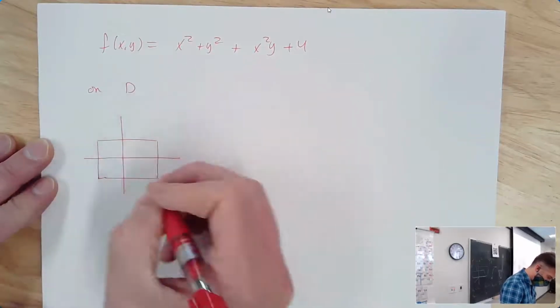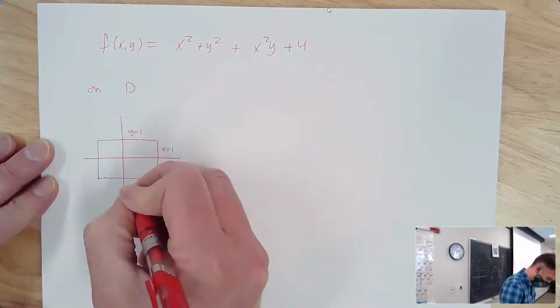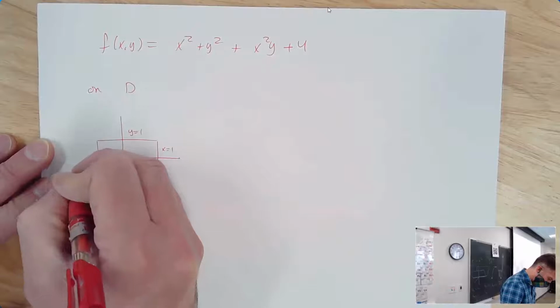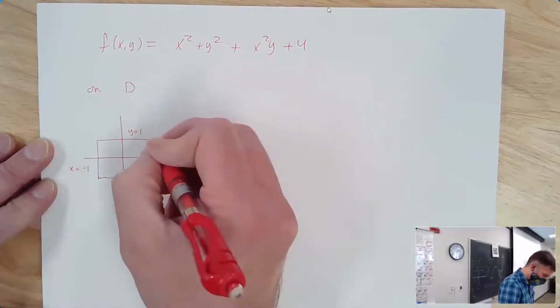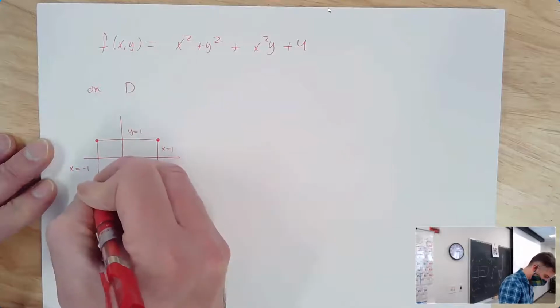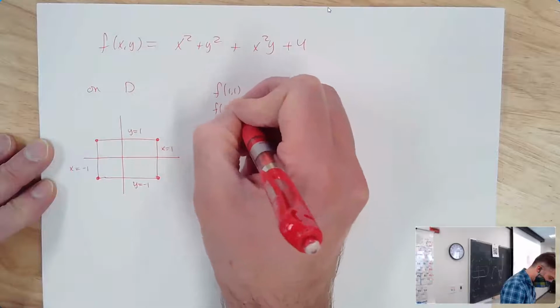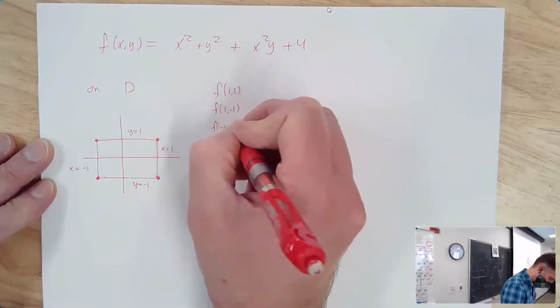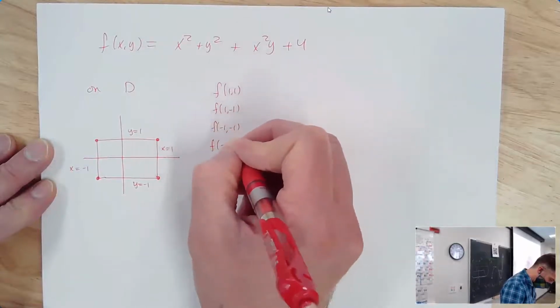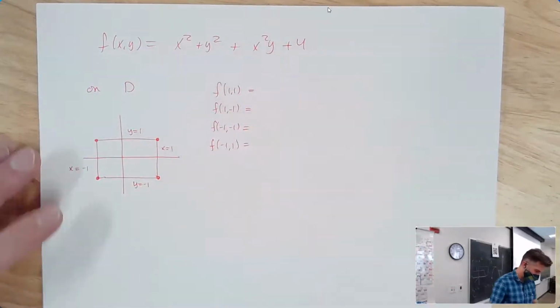The edges are y equals 1, x equals 1, y equals -1, x equals -1. We already have 4 points we know we're going to have to check: f of (1, 1), f of (1, -1), f of (-1, -1), f of (-1, 1). We'll come back to that once we do the rest of it.